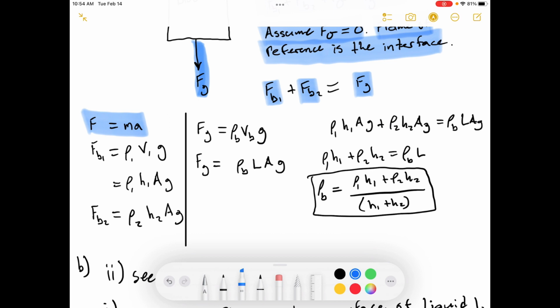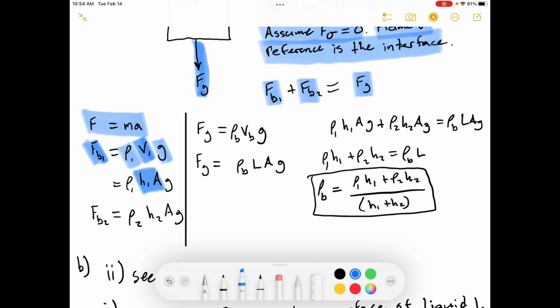Force equals mass times acceleration. Well, what's the mass of the fluid that has been displaced? That's going to be the buoyancy force number 1. The mass of the fluid that has been displaced is the density of the fluid times the volume of the fluid that has been displaced, times gravity. Well, the volume of fluid that has been displaced is the height of the amount of the block that is in fluid number 1 times the cross-sectional area.